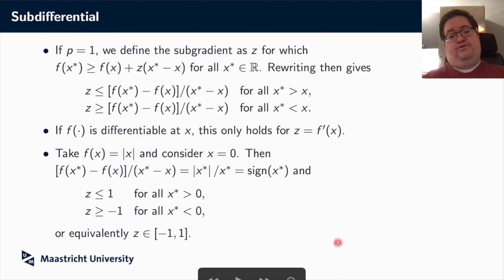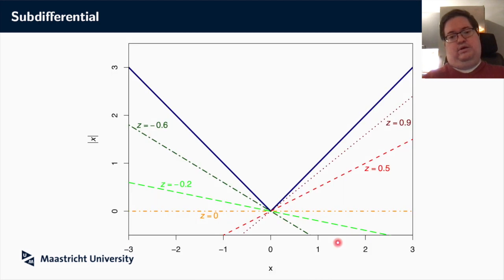Now this is easiest to actually illustrate graphically. So the solid blue line here is the absolute value, right? So we plot the absolute value of x, with x on the horizontal axis. At point 0, we have the non-differentiability. And here you see several subgradients drawn.